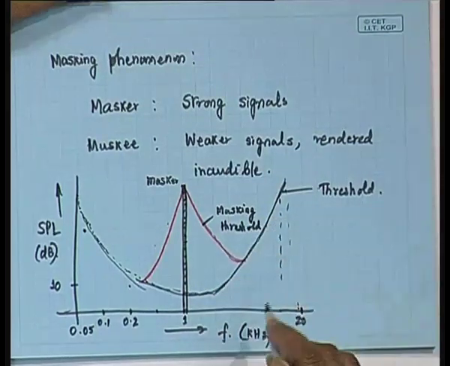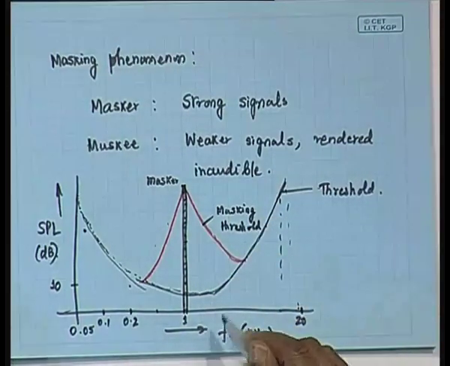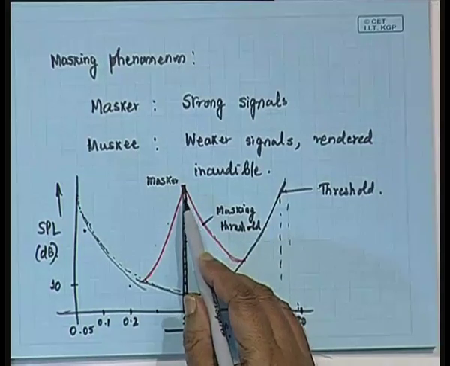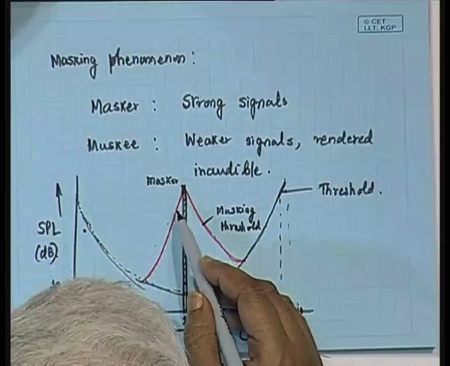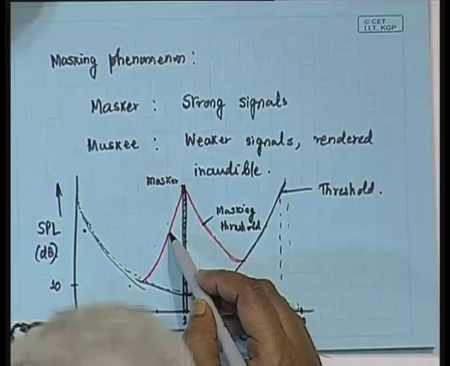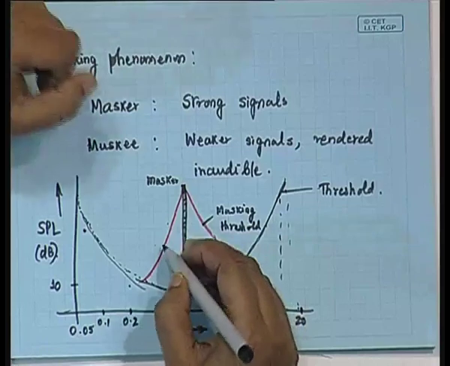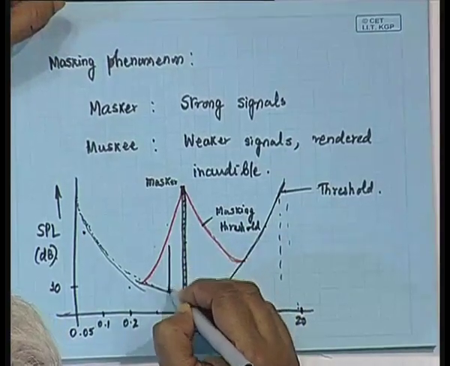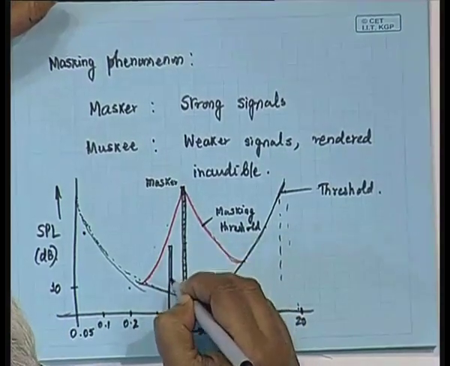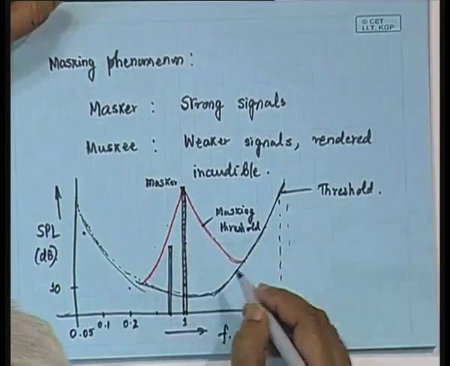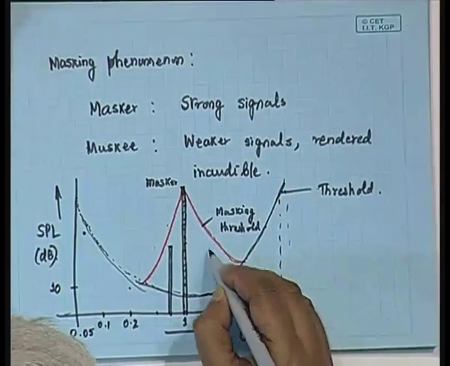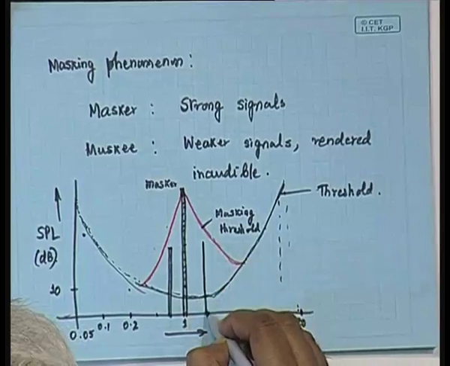What it signifies is that in the presence of this masker, any sound which is below this masking threshold will be inaudible. If I have a sound source at this frequency with this much intensity, it will not be audible, somewhere here.